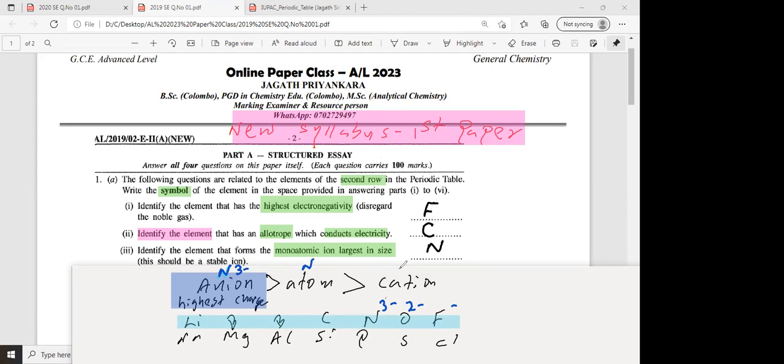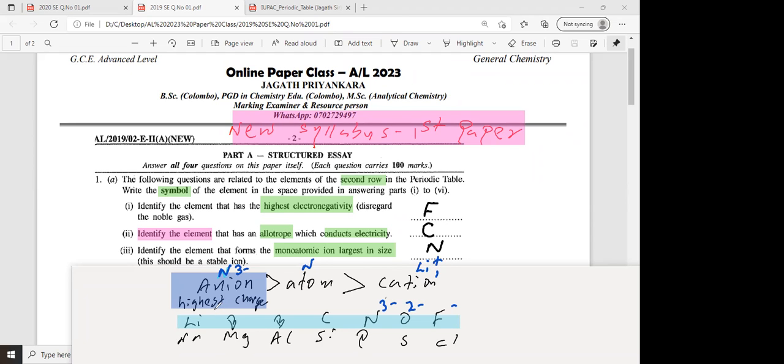And if you take a cation like Na plus, or Li plus, sorry, the lithium ion.